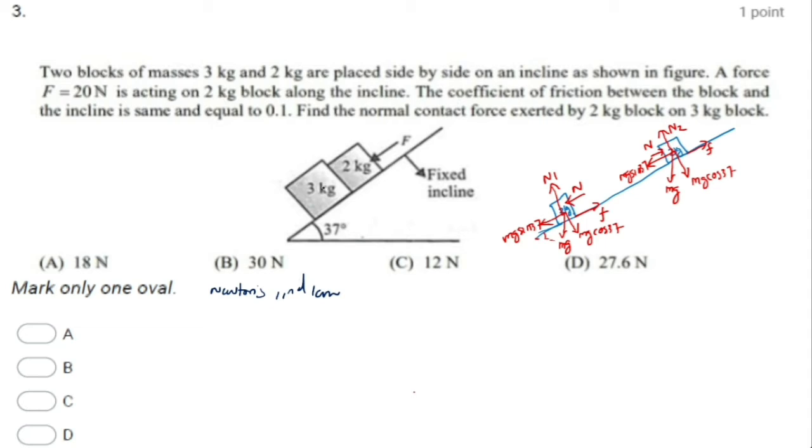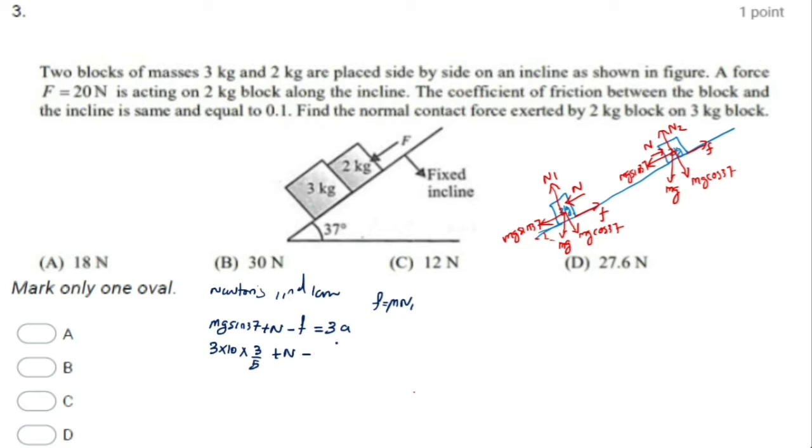So let's use the equation for the 3 kilogram block. Here mg sin 37 plus N minus F must be equal to 3 into acceleration. That is, resultant force is equal to mass into acceleration. Now m is 3, g is 10, sin 37 is 3 by 5, plus N minus F. What is F here? F is equal to mu into N1, where N1 is mg cos 37.